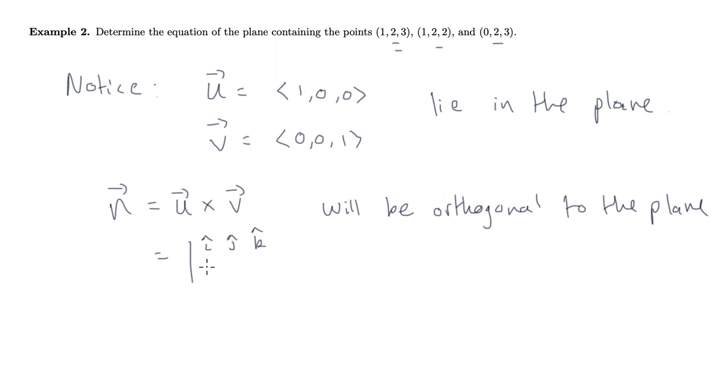We have (1, 0, 0) and (0, 0, 1). And so this is going to be 0, this will be -1, this will be 0. Okay, so we have our normal vector. It's good.